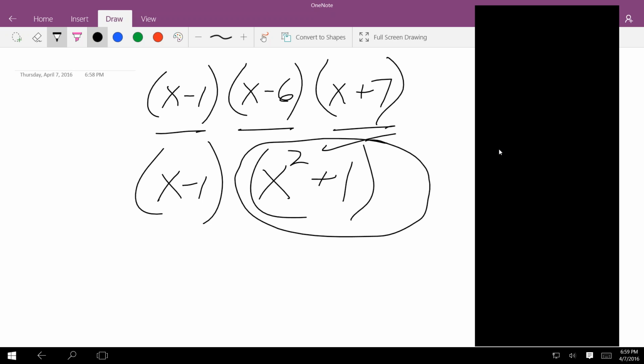You factor a polynomial down to its linear factors and irreducible quadratics. So this could be a final solution. If I multiplied these two together, I'd have a cubic polynomial, and these would be the 2 factors of that cubic polynomial. Okay. All right.